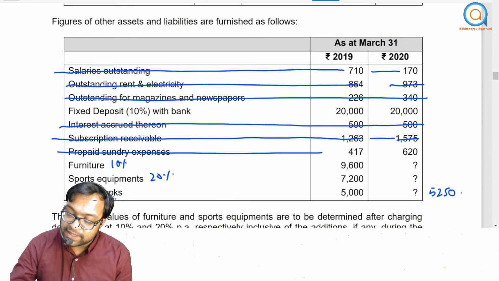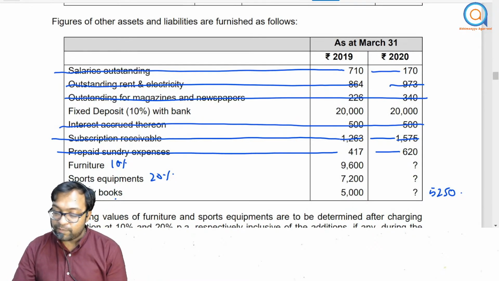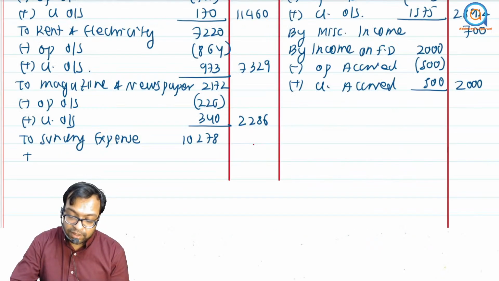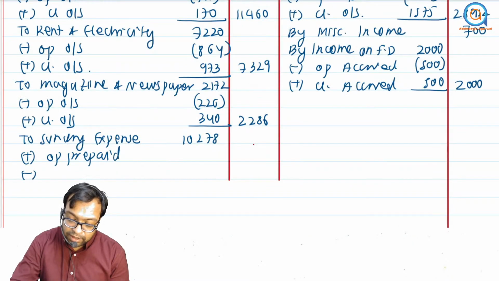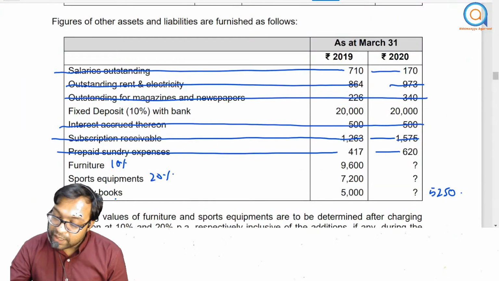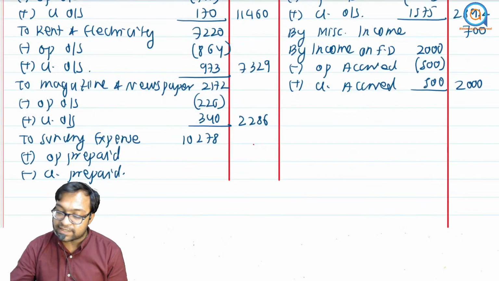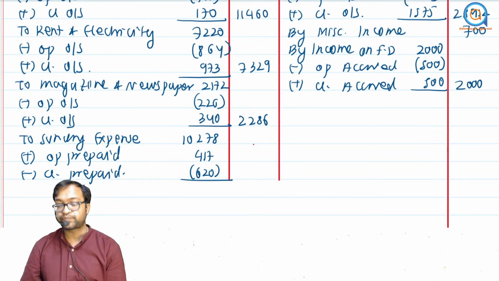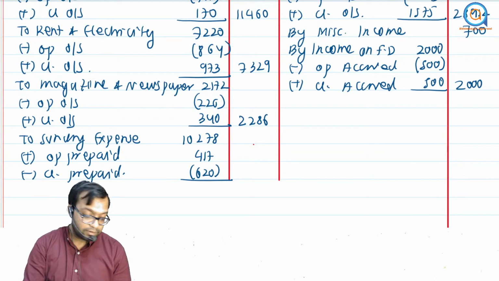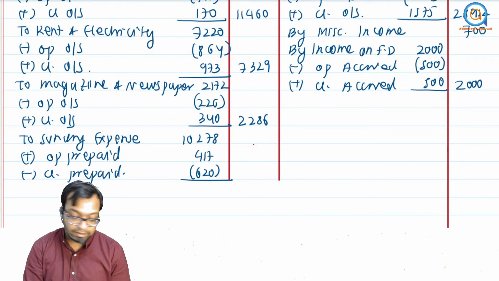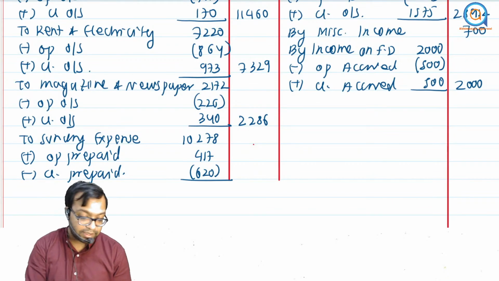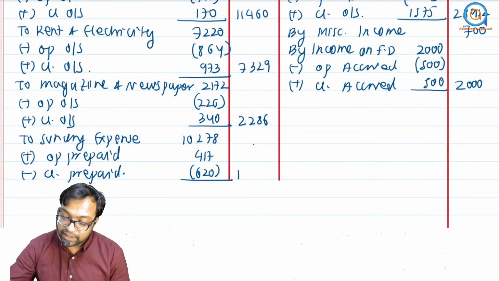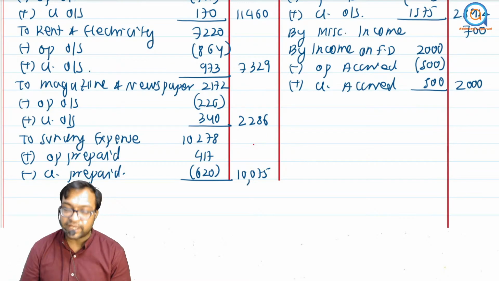Prepaid sundry expense they have given. तो prepaid, sir, if you remember, opening prepaid will be added, but closing prepaid will be deducted. Now opening prepaid is 417, closing is 620. So 10,278 plus 417 minus 620, 10,075.